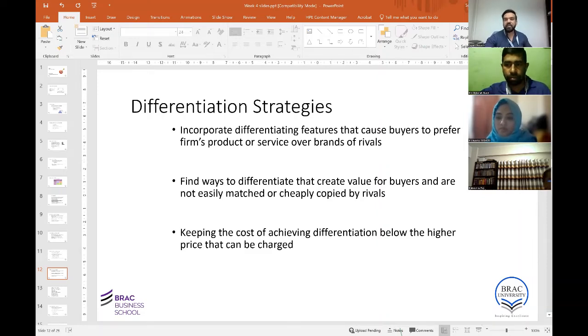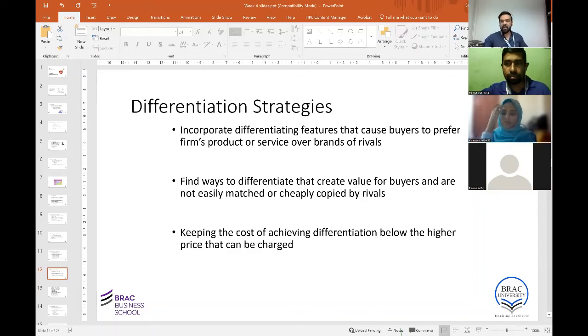In some countries, they have a luxury brand like Lexus. Lexus is a brand by Toyota. So that's an approach towards differentiation. They're trying to differentiate themselves.